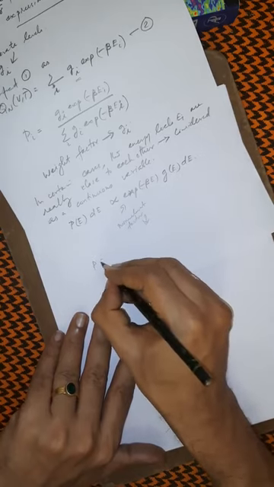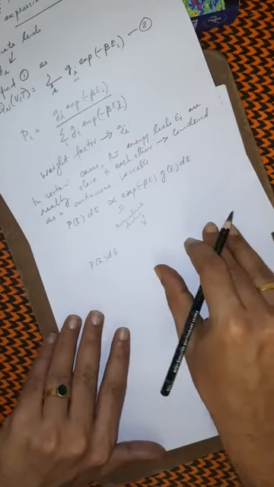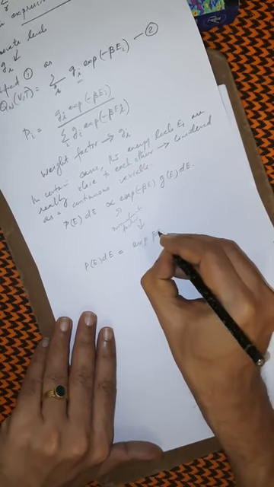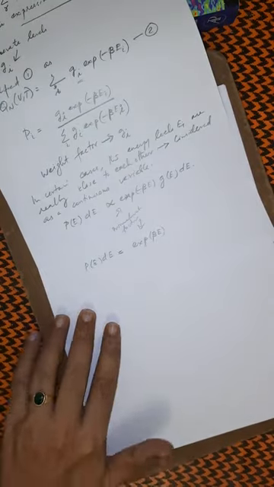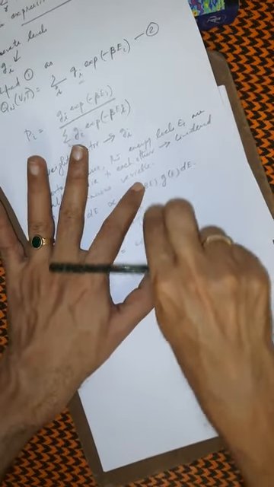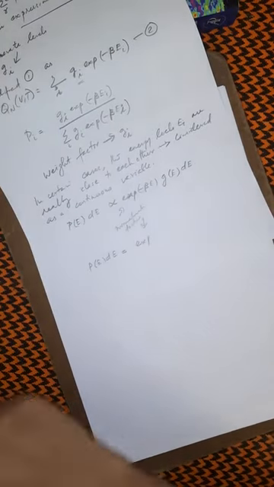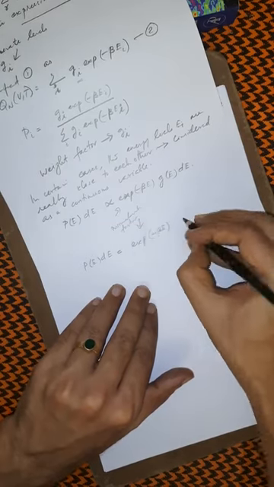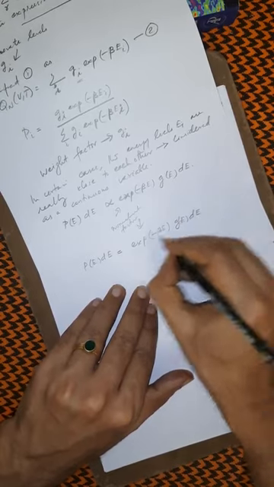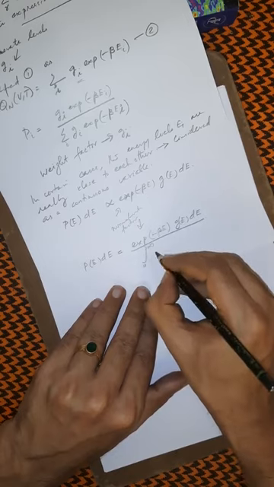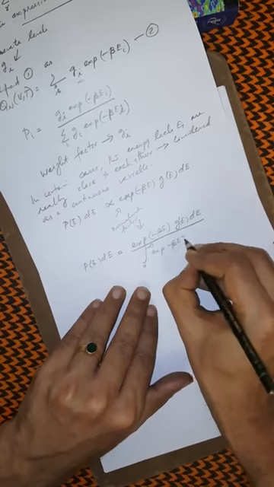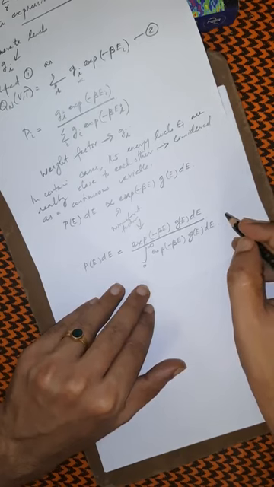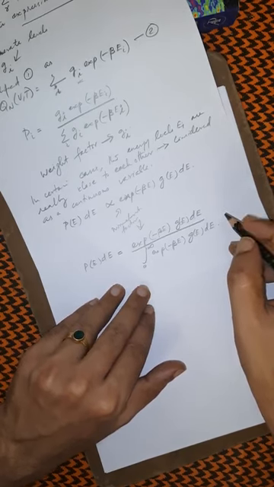So Pi can now be written as exponential minus beta E Gi divided by the integral from 0 to infinity of exponential minus beta E Gi.